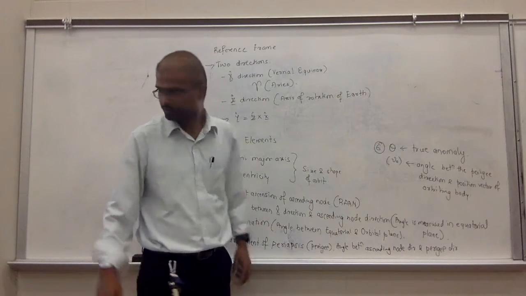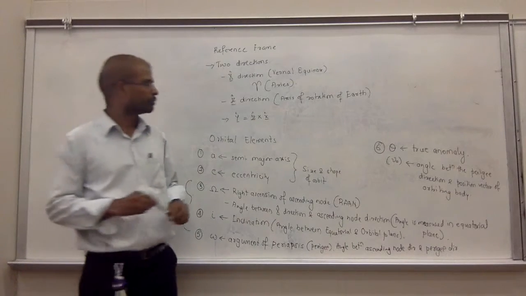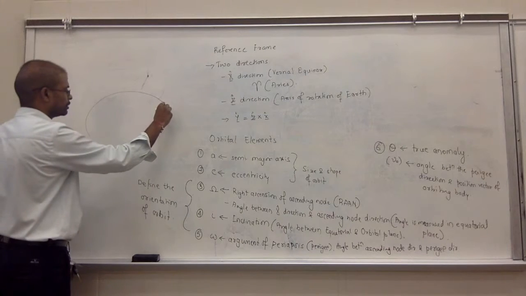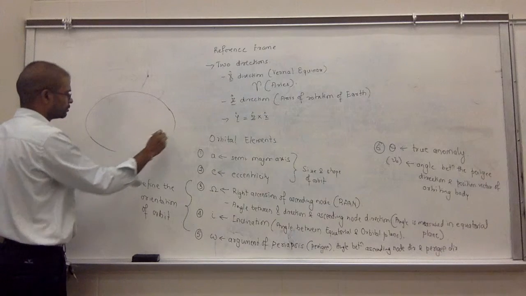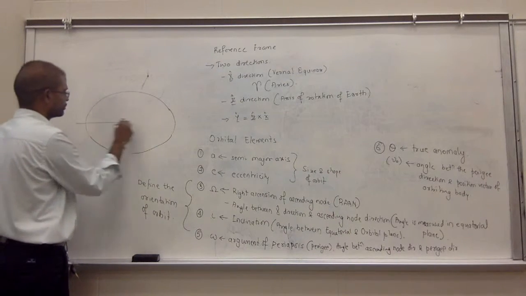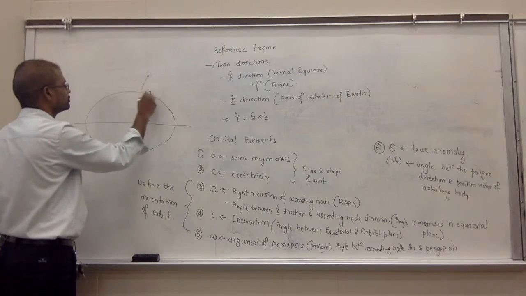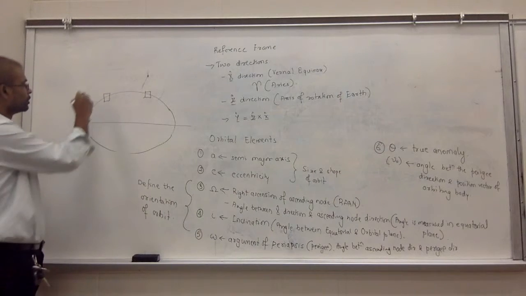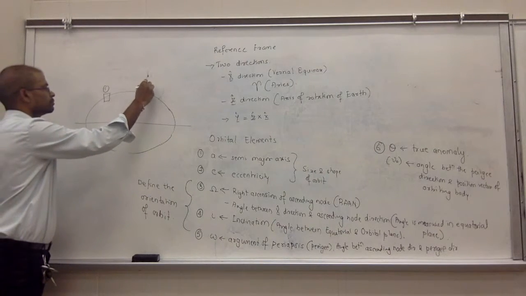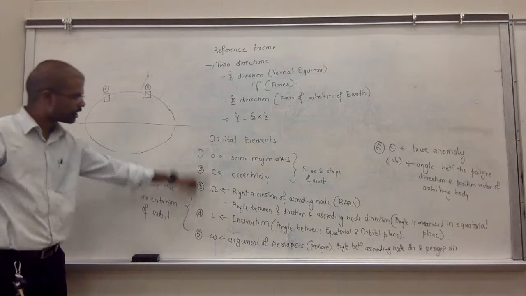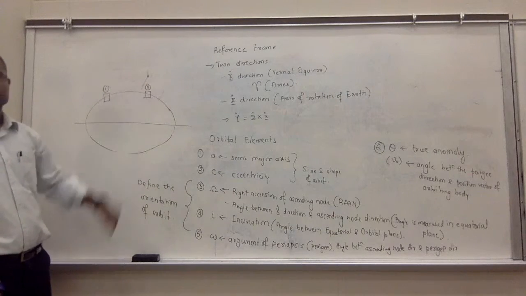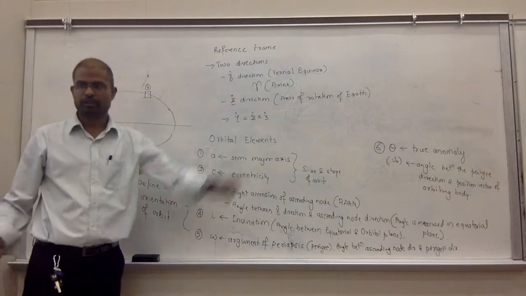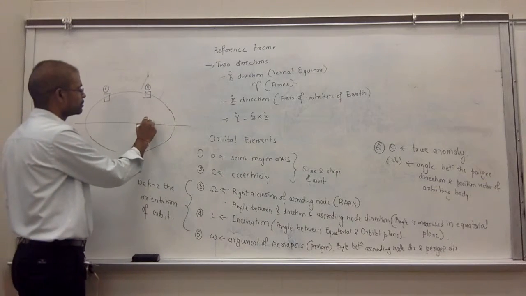When you have two orbiting bodies in the same orbit, think about this. You have one orbiting body here, one orbiting body here. All of these parameters are the same for both of these, except that theta.